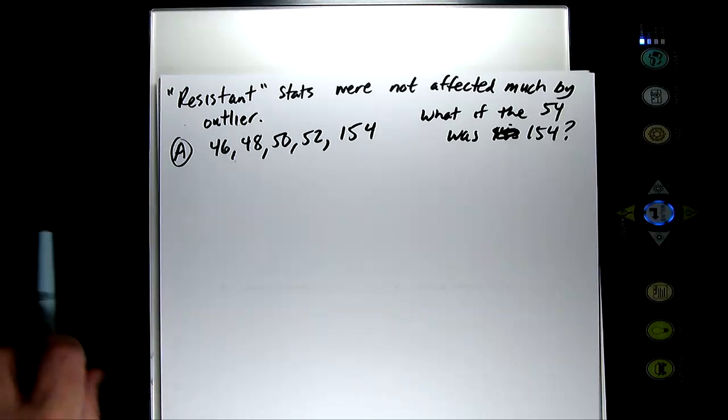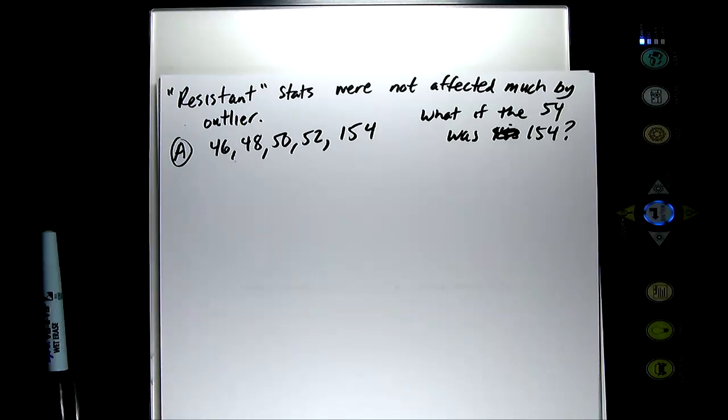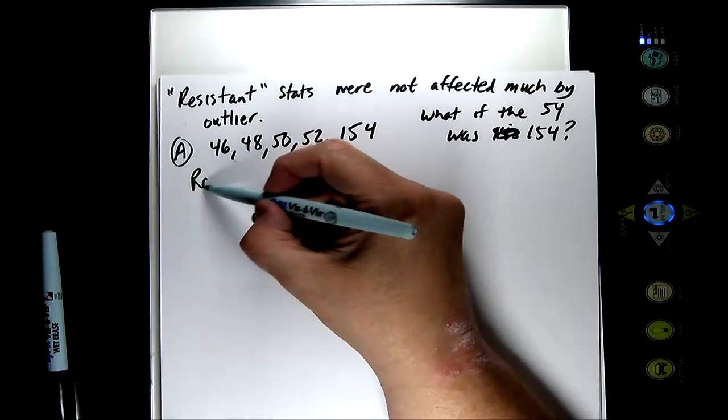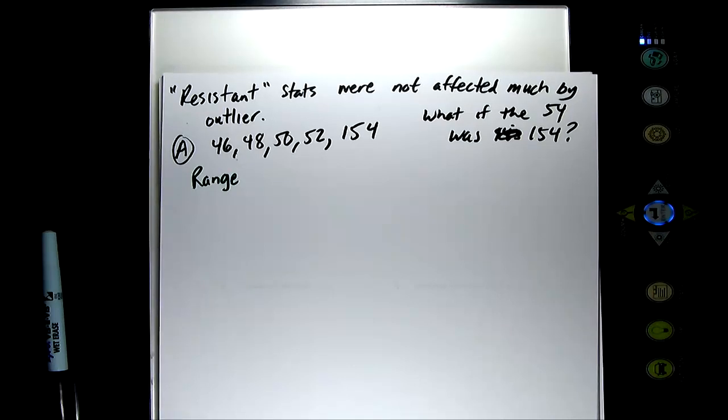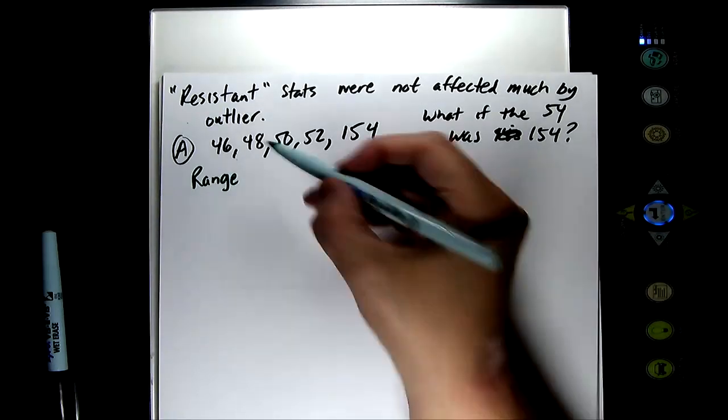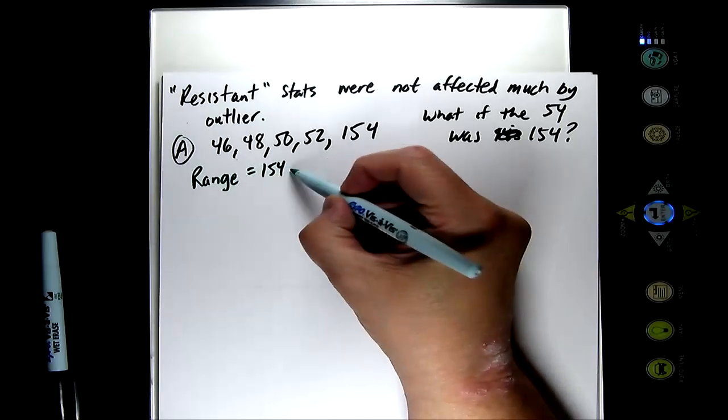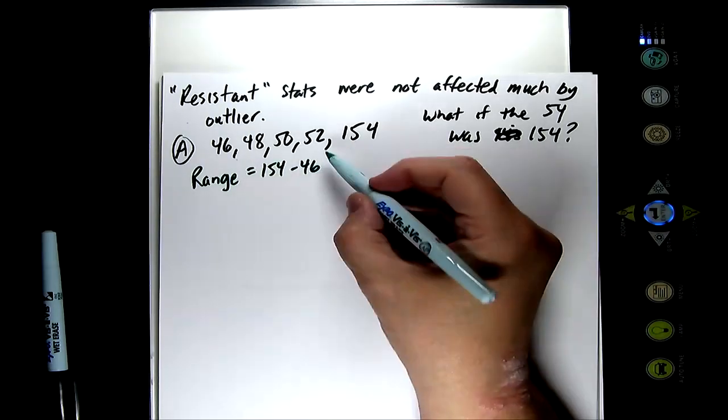What's my range now? The last one, the range was 8. What is it now? It's 108. If we do 154 minus 46, all I did is add 100 to the largest number.